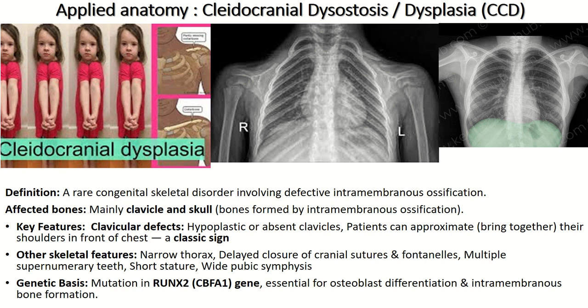The clavicular defect is a hypoplastic or absent clavicle; patients can move their shoulders in front of the chest, a classical sign. Other skeletal features: narrow thorax, delayed closure of the cranial sutures or fontanelles, multiple supernumerary teeth, short stature, and wide pubic symphysis.